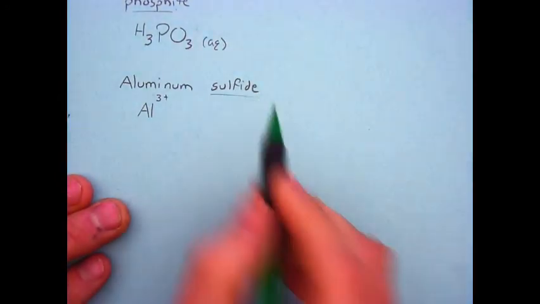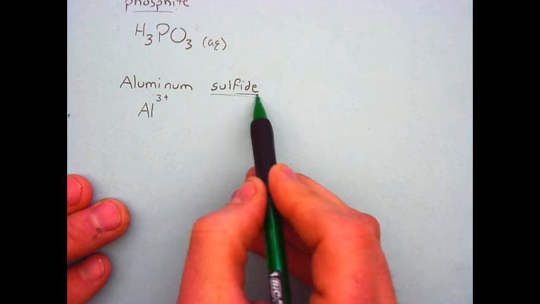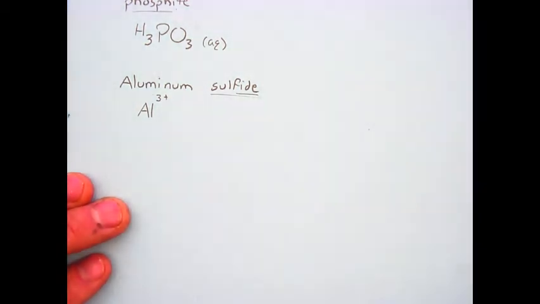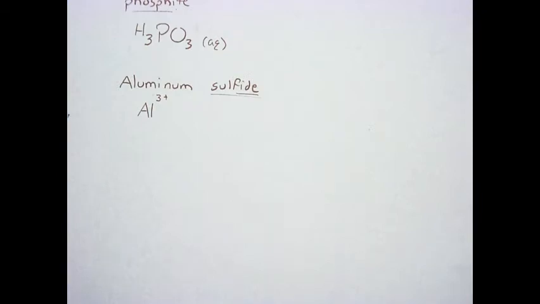Next, we look at the anion, sulfide. It ends in "ide." Most likely, it is going to be a monoatomic anion. As I said before, there's only 3 polyatomic anions that end in "ide": peroxide, hydroxide, and cyanide.